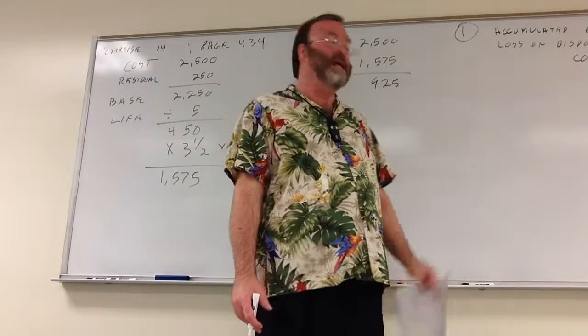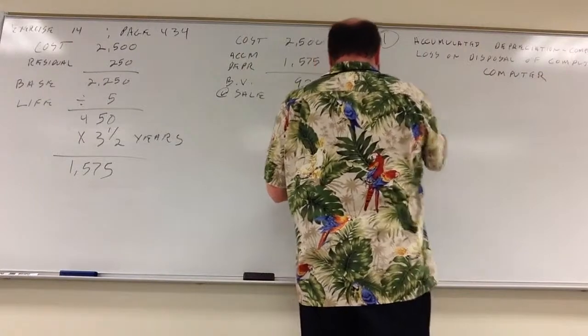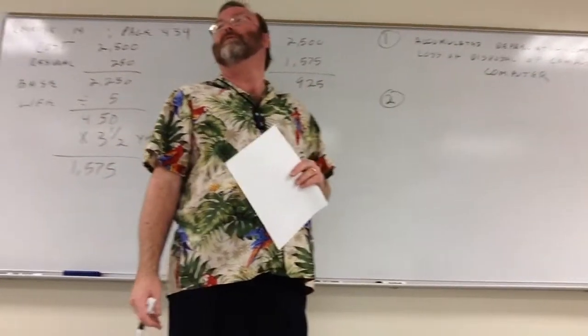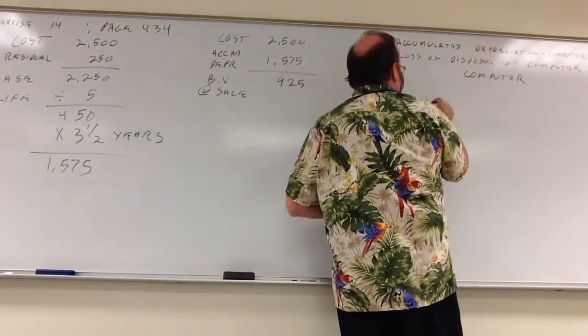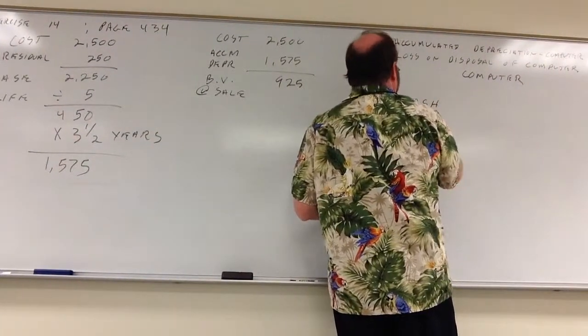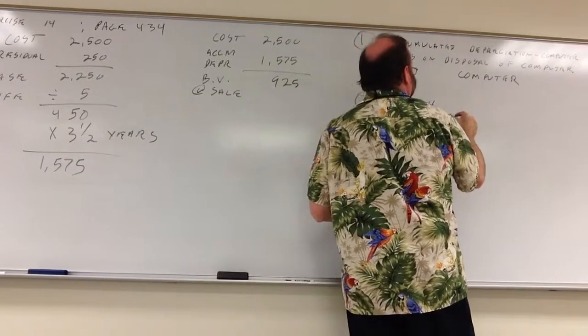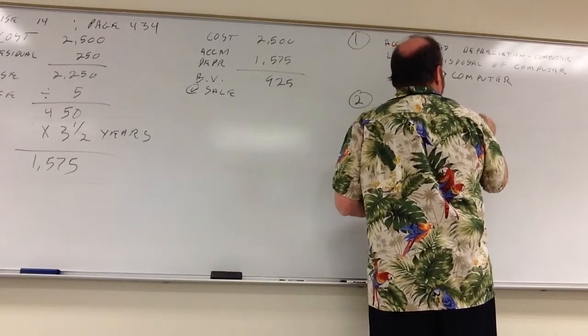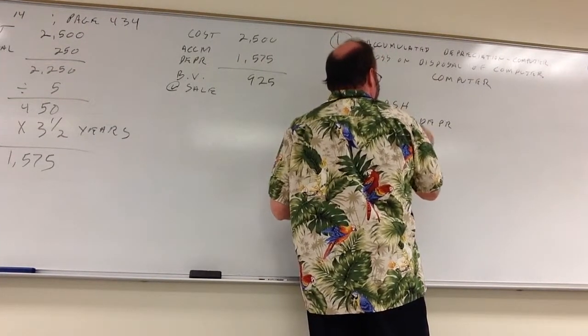Okay, so what if you sold it for $400 in cash? You would have a debit to cash. You'd have accumulated depreciation again. And then you'd still have a loss.